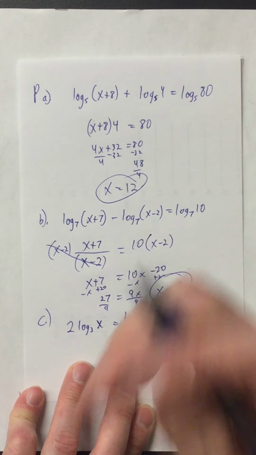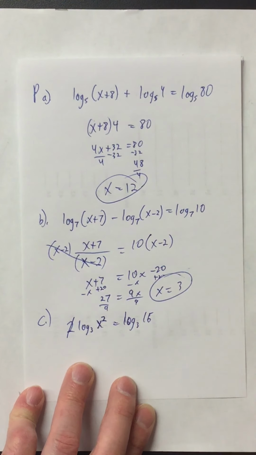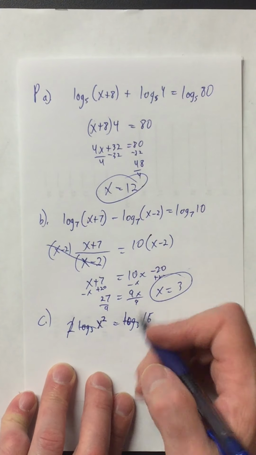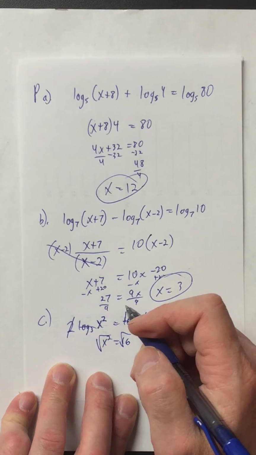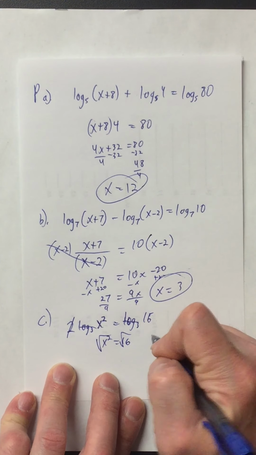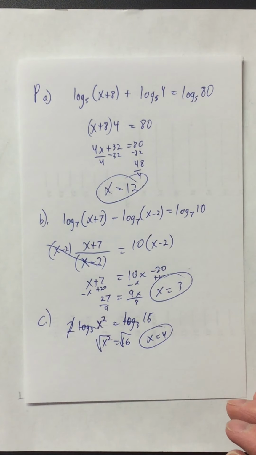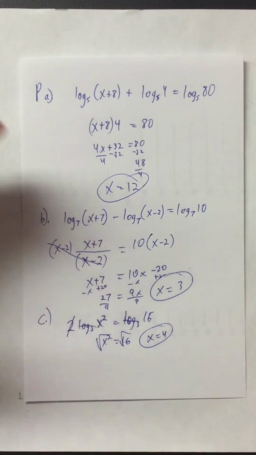An exponent of an exponent is multiplication, so we can put that 2 here and cross it out like that. We can divide both sides by log of 3 and cancel it out. So basically we have x squared is equal to 16, square root both sides, and we get an answer of x equals 4. And that is our answer to C.